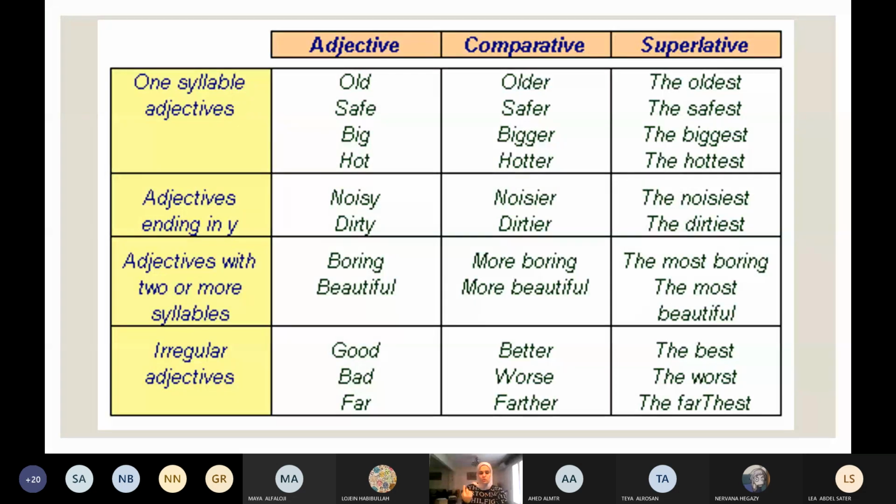Because rare is only one syllable, so most rare, it's correct. Rarest, yes, it will be rarest, like safe, rare, safe. So it will be rarest autographed.